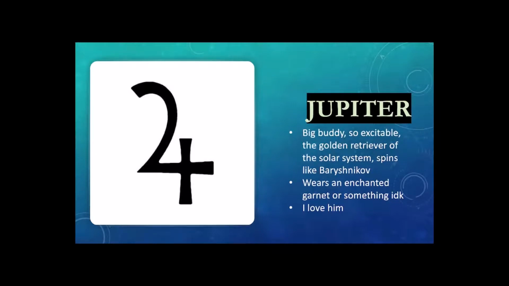It's lucky, and Jupiter is associated with luck and fortune. I'm also thinking, oh yeah, four is also a very not lucky number in other cultures. But yeah, Jupiter looks like a big old four.